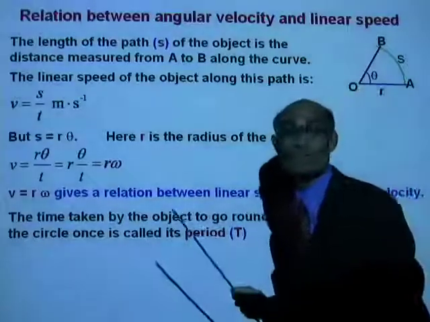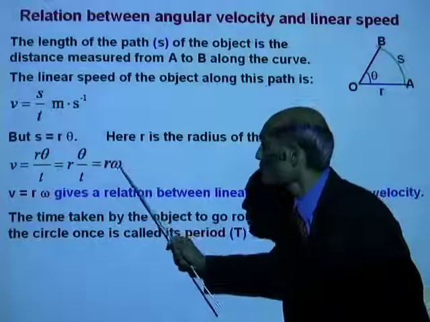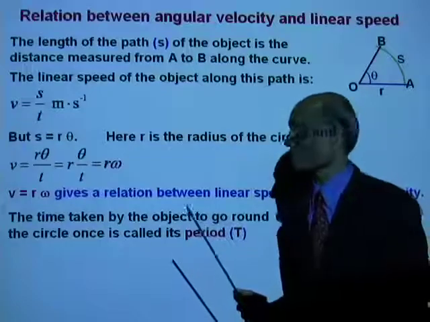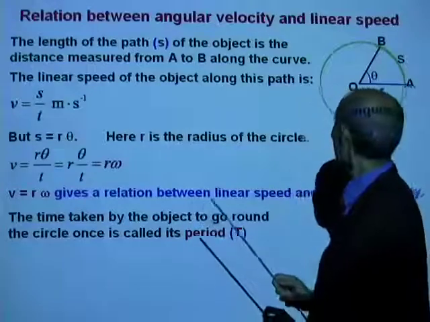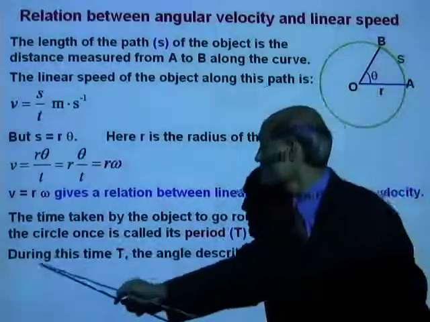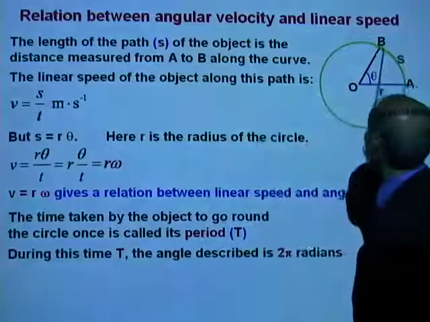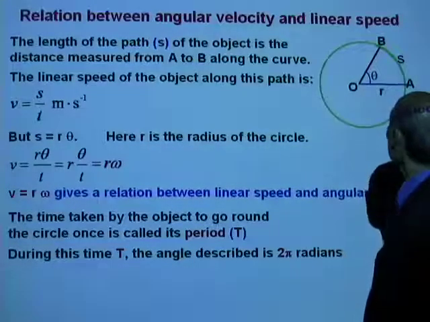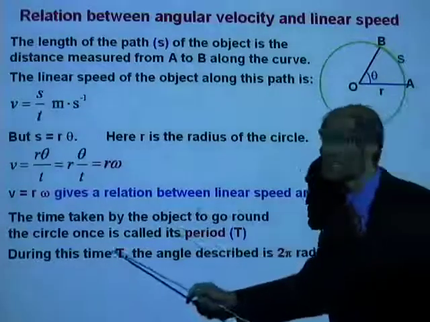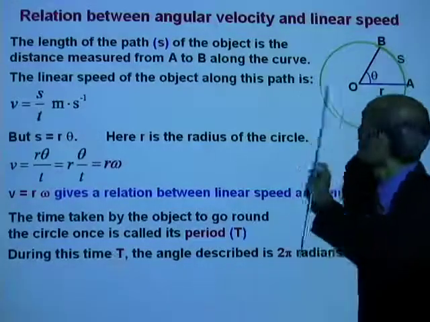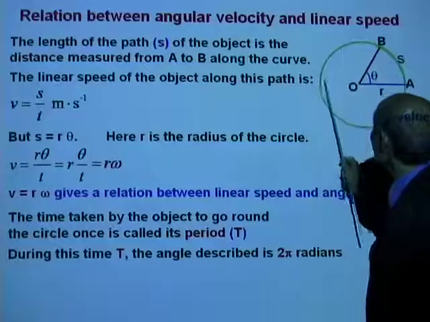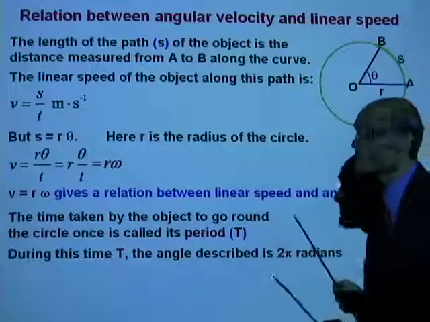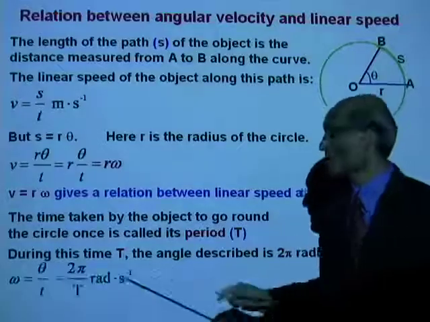Therefore, can you write angular velocity omega using the period? Well, that is not difficult. When this object goes round this circle completely once, during the time taken by the object to go round once, the angle described is 2 pi radians.